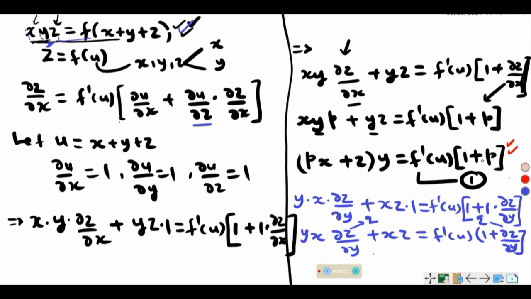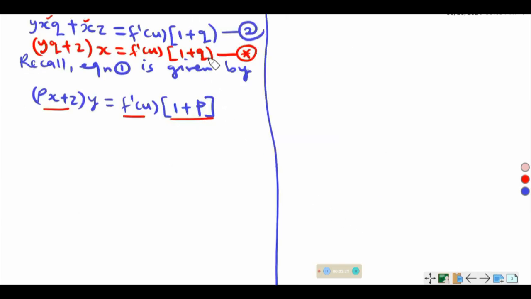So from the two equations, equation star and equation 1, we can easily eliminate the arbitrary function, that is f derivative of u, by simply dividing the two equations.